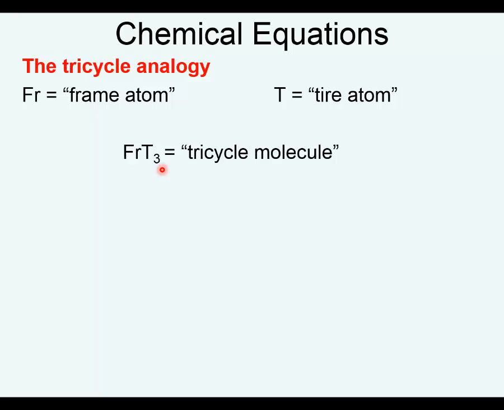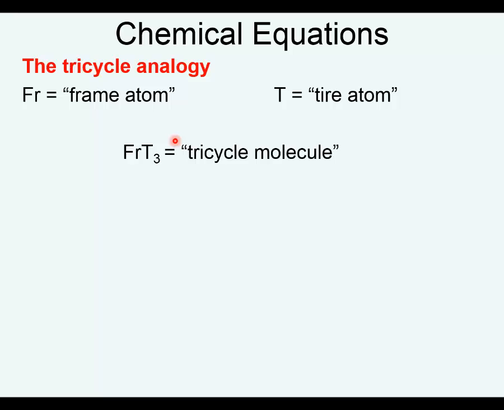Notice that if I have multiple of an atom, or multiple of a part in this case, that's attached to the whole, we're going to show a subscript. So for 3 tires, I show a subscript 3 instead of a 3 in front. Now, I wouldn't put a 3 as a coefficient here because that would indicate 3 frames and 3 tires. That would mean I had something like 3 unicycles, and that's not what we have here.